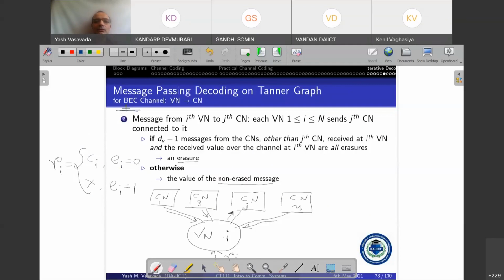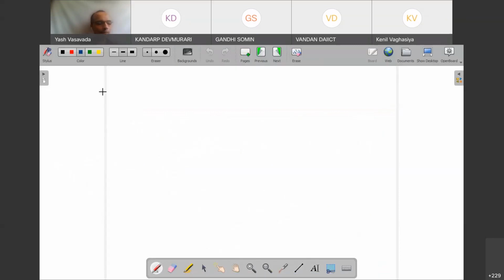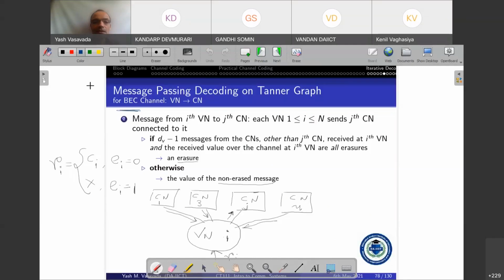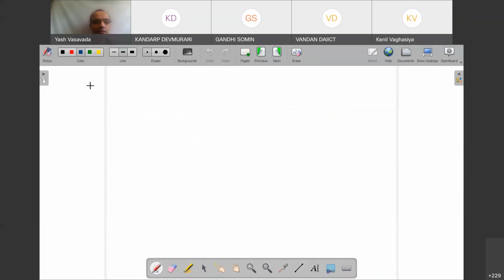Now let us define the message passing step 2, same step as before, but not for the BEC, for the binary symmetric channel, BSC.